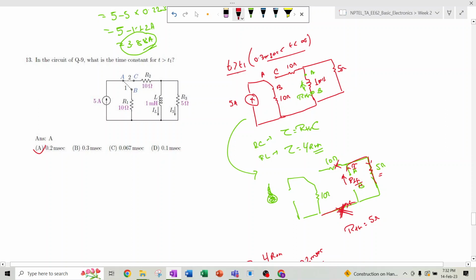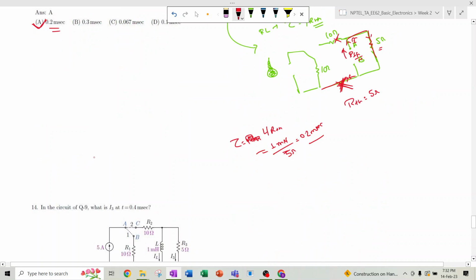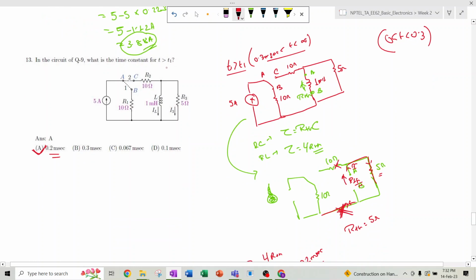Surprisingly, when t is greater than t1, the time constant is 0.2 millisecond, and similarly for t from 0 to 0.3 millisecond, the time constant is the same, 0.2 millisecond. Sometimes it should not be the same. So you should calculate at the basis of the time.